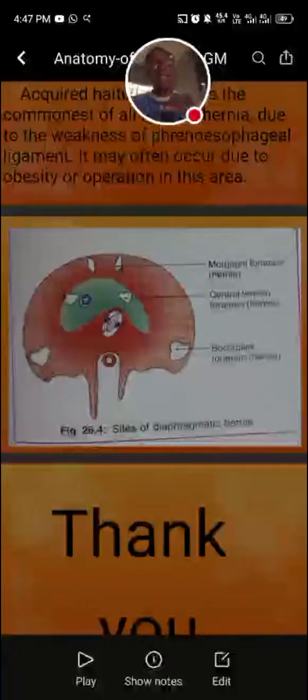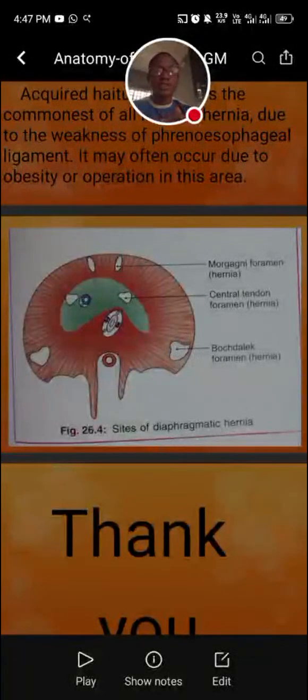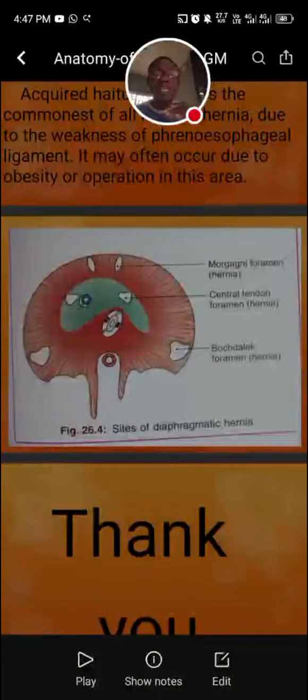We have greater and lesser splanchnic nerve. Okay, the M is musculophrenic vessel. And the next one is the superior epigastric vessel. Next one, we talk about the SHA.